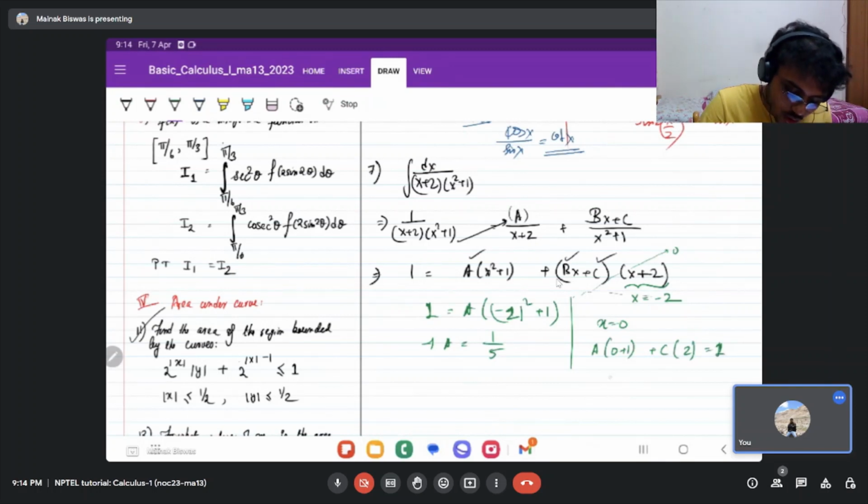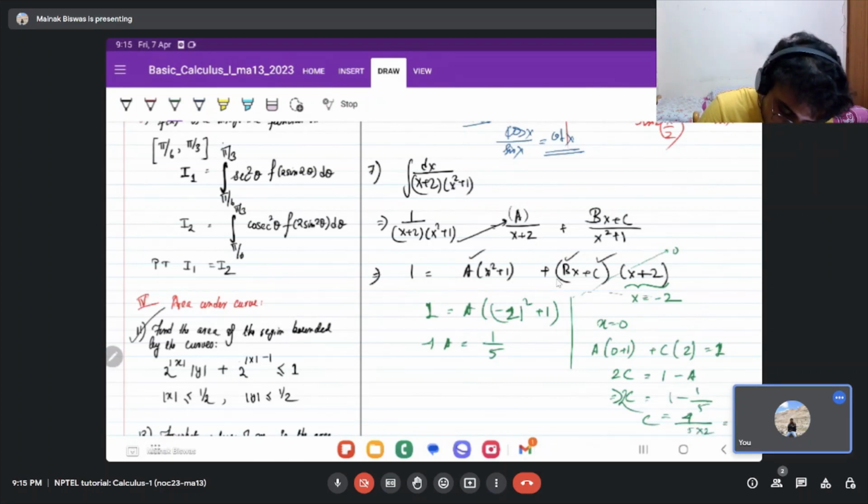So this turns out to be 2c is equal to 1 minus a, or c is equal to (1 minus 1 by 5) over 2. I'm just putting the value of a here, and you get 4 by 5 over 2. C is equal to 4 by 5 into 1 by 2, which is 2 by 5. This is your c value.